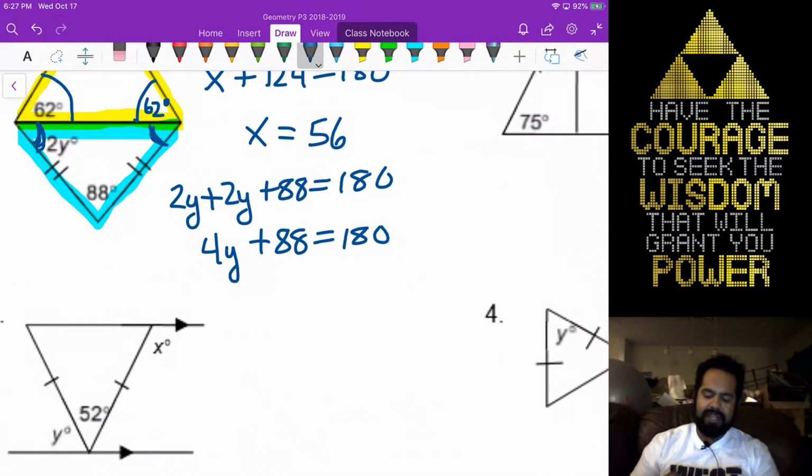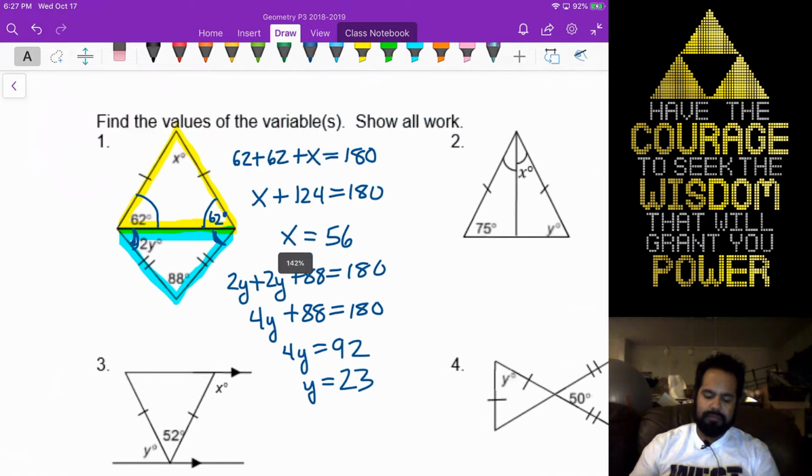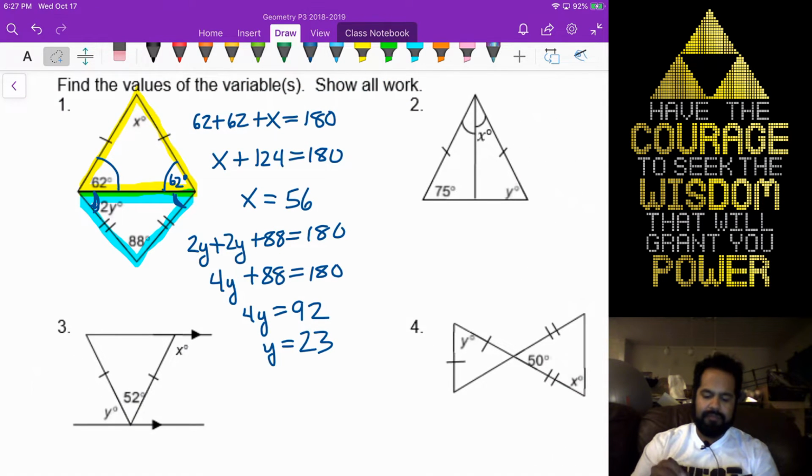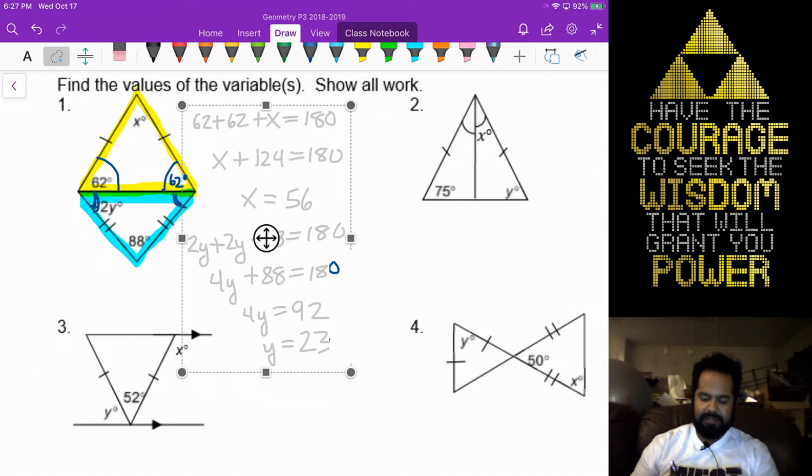So then I believe we're going to get 4y equals 92. So what is that, 23? Yeah. So there we go. Pretty straightforward, clean, and right to the point.